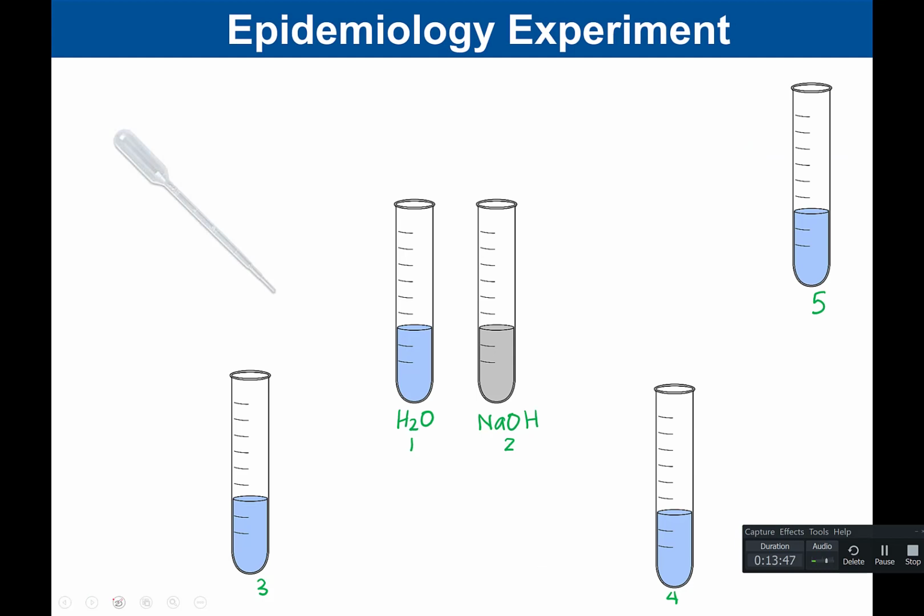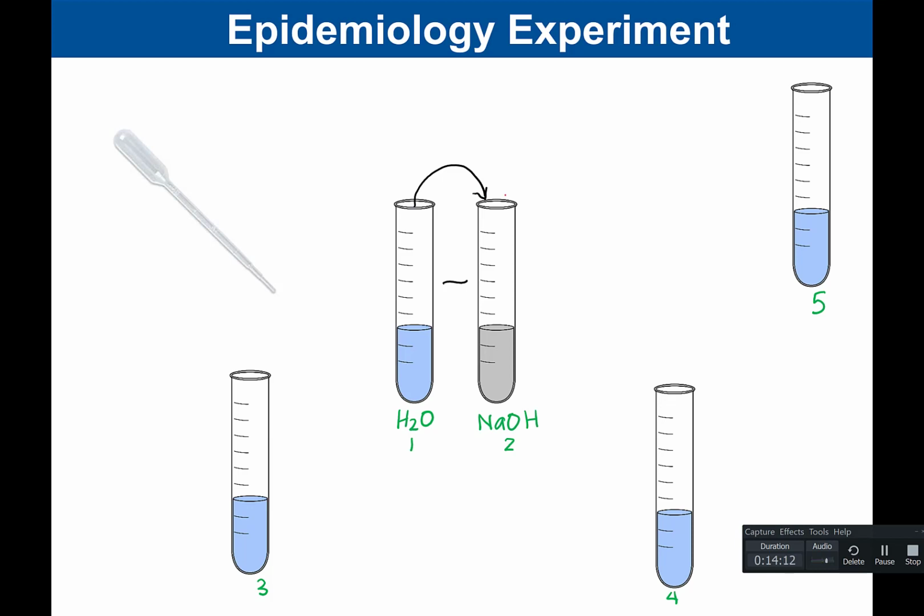And what we would do is we would exchange fluids. So if these two individuals in the first round were to exchange fluids, if I was person number 1, I would use my transfer pipette, I would draw up some liquid, and I would add some liquid to my partner's tube.